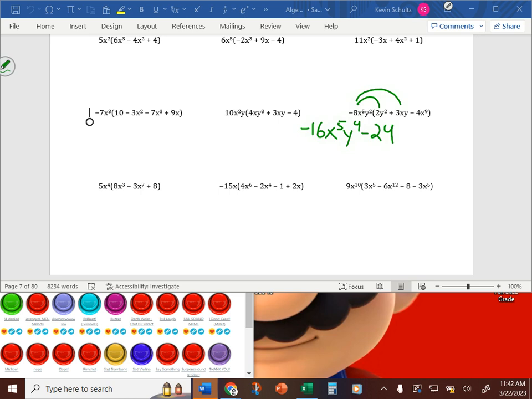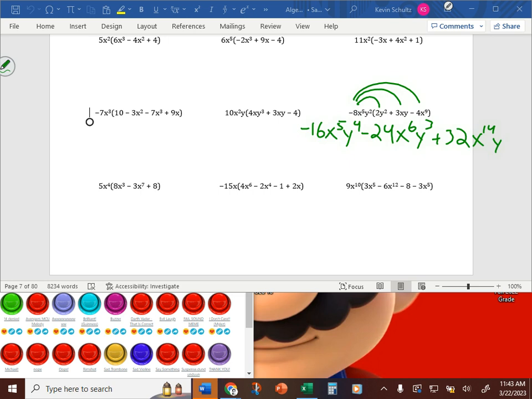X to the 5th times x is x to the 6th. And y squared times y is y cubed. And then all the way over to that -4x to the 9th, -8 times -4 is a positive 32. X to the 5th times x to the 9th is x to the 14th.